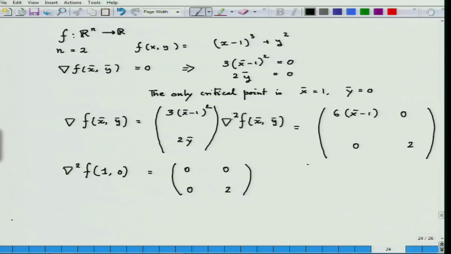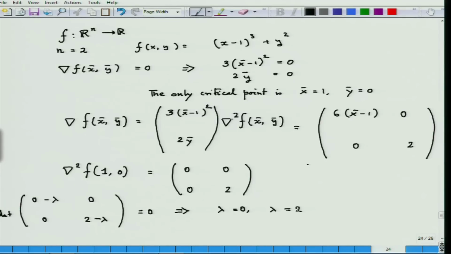So, let me try to find the eigenvalues of this matrix. Finding the eigenvalues means you have to set the determinant equal to 0, which would imply lambda is 0 and lambda is 2.